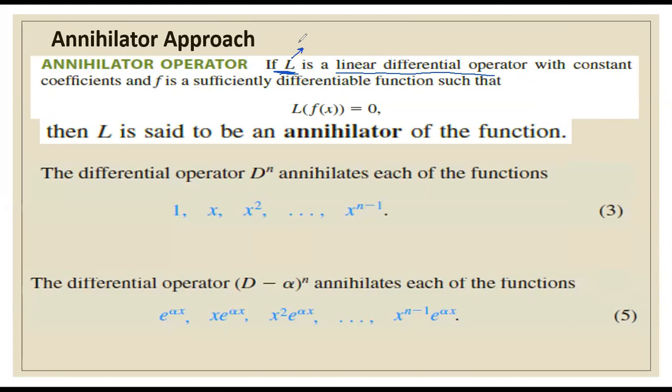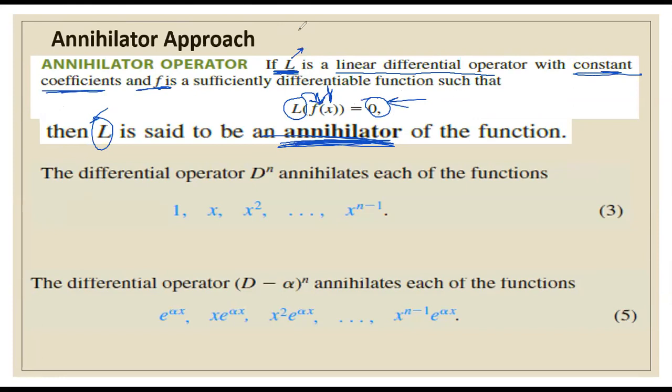I'm going to call L an annihilator for the function f if I apply L to my function f and I get 0. So the word annihilator means that if you apply the operator to the given function, you will get 0. But I need this operator to have constant coefficients.